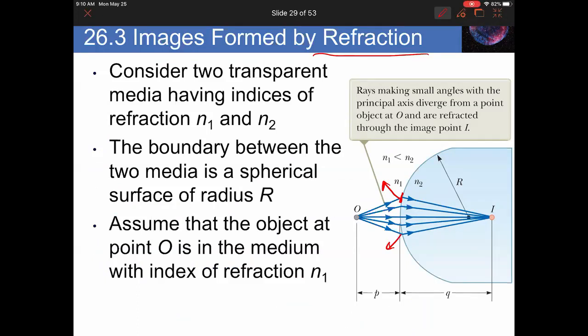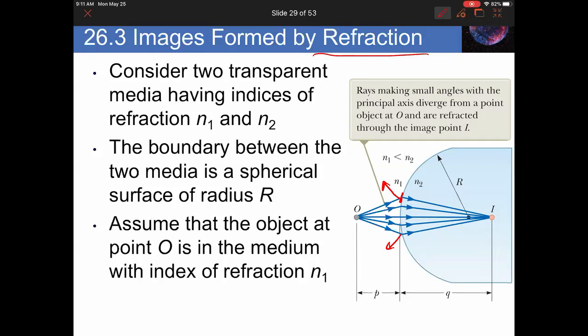But we don't care about this reflected light anymore because we're going to concentrate on refracted light, because the images will be formed by this refracted light, not the reflected light. So the outgoing refracted light is going to be used to generate the images. The reflected light, which will always be a little bit there, is going to be completely ignored.